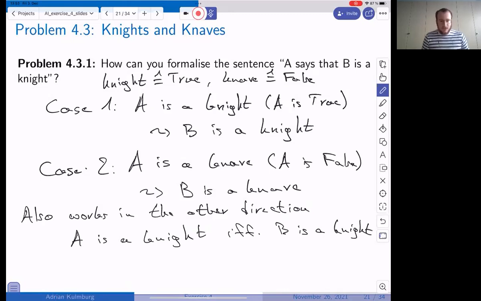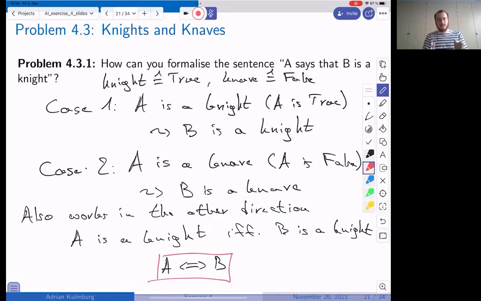And how do we write this in propositional logic? Well, it's just like this, right? So basically, you can say if A is a knight, then B is a knight. If A is a knave, B is a knave, and also vice versa. And that's just basically what the equivalence does.